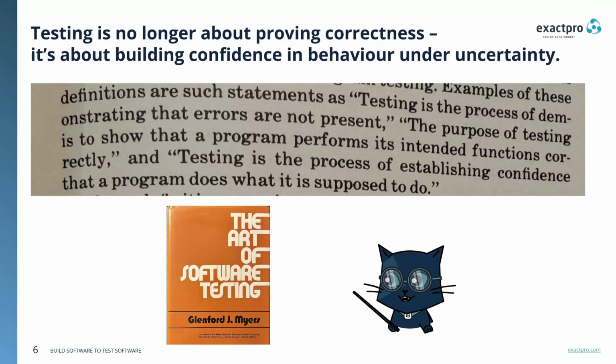But in reality, the first phrase after that says, these definitions are incorrect. They describe almost the opposite of what testing should be viewed as. So testing is not establishing confidence. Testing is not aligned to prove correctness of the software.